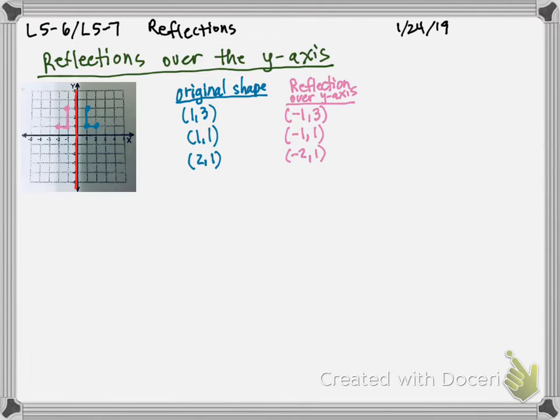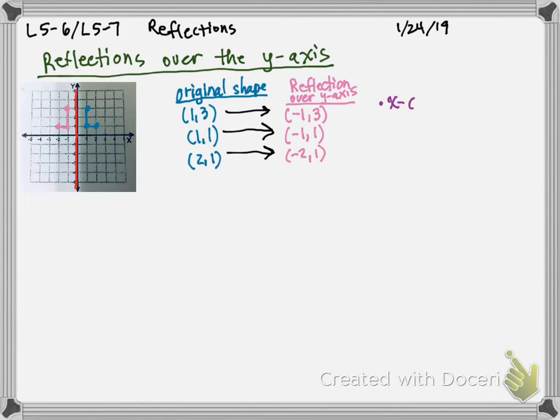Okay, so we flipped over the y-axis, whereas before we flipped over the x-axis. So, did you guess this right? Look at your coordinates. In this case, what's true about the x coordinates? Well, I went from 1 to -1, 1 to -1, 2 to -2.